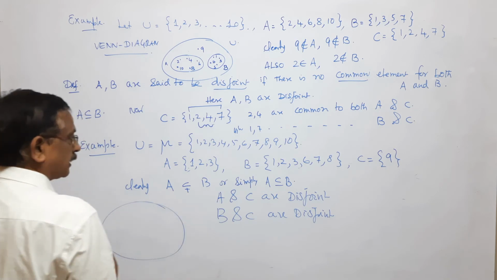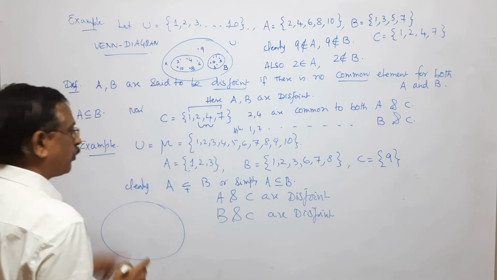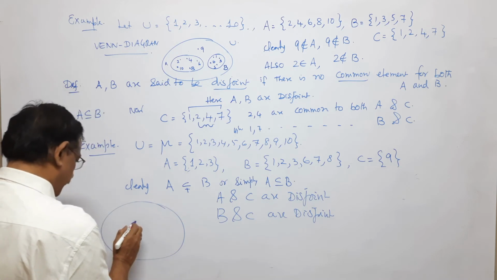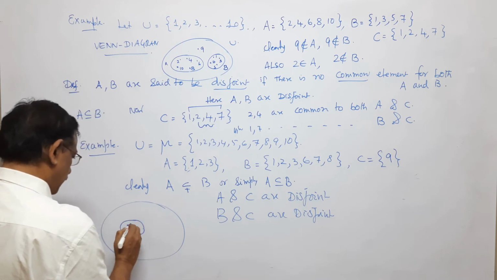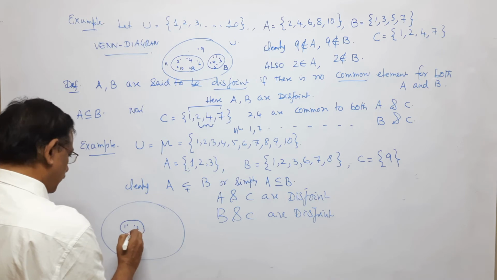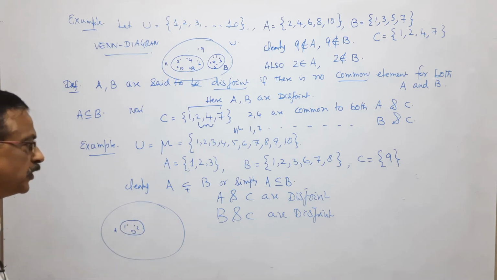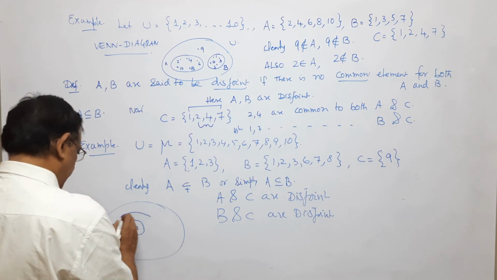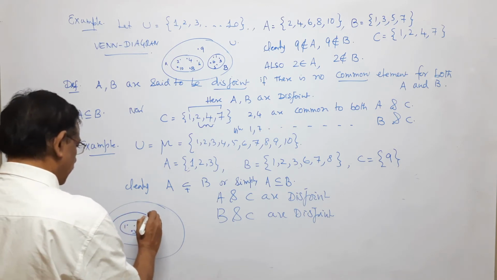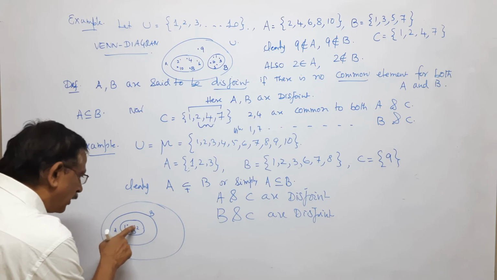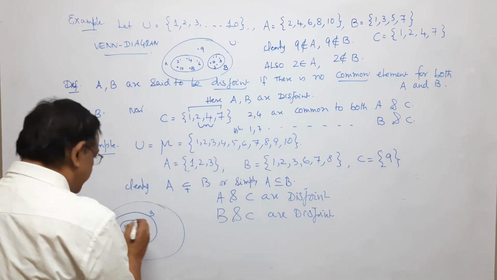Now, let us finally look at the Venn diagram. What is A? A contains 1, 2, and 3. This is A. What is B? B is not only containing 1, 2, and 3, it contains 6, 7, 8.